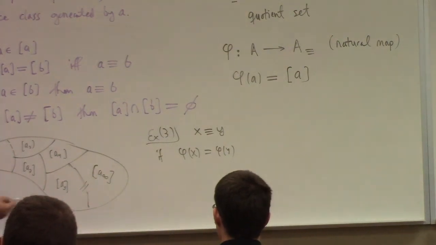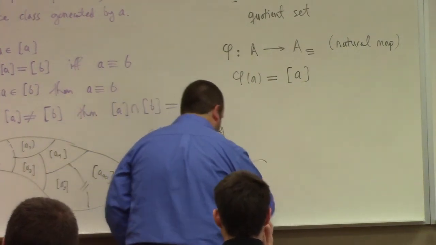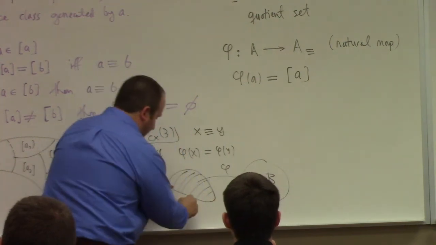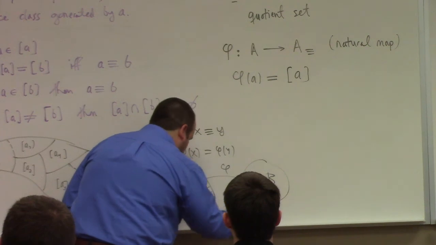In other words, you can take the domain and you can divide it into these fibers. So this would be like the inverse of a singleton. Let's say this is B, whatever.